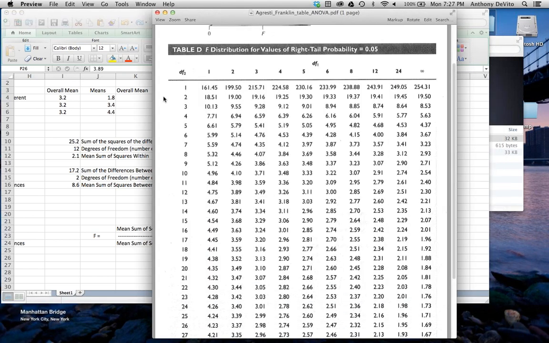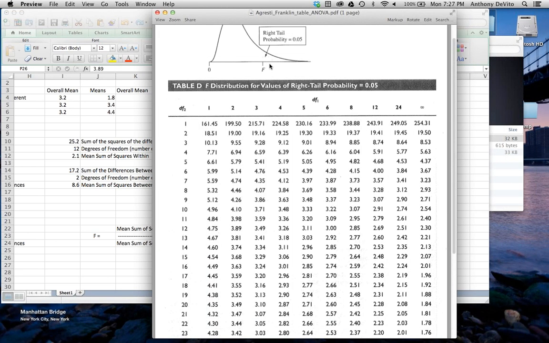In other words, our actual F-score is out past the point where it would be 5%. So the probability of getting that value, if the null hypothesis is true, is going to be smaller than the 5% that we would have gotten at exactly 3.89.